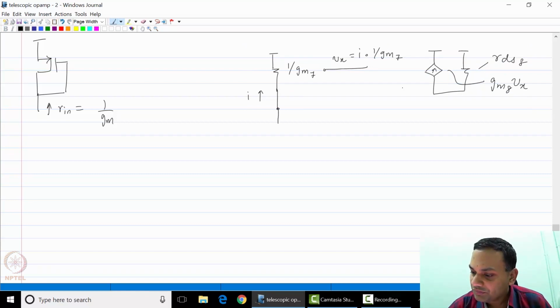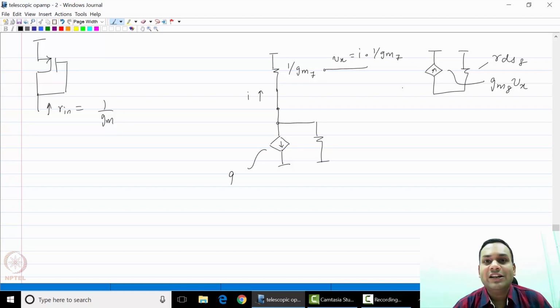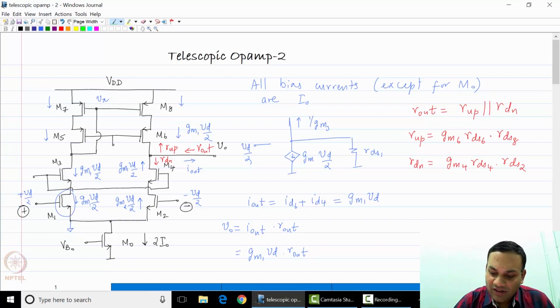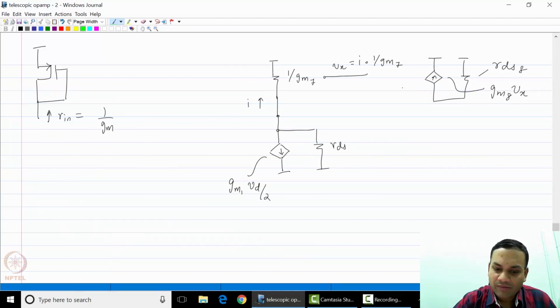The small signal equivalent of the cascodes would be a transconductor of value gm1 times Vd by 2 and a resistance looking downwards, which is RDS1 times gm3 RDS3, and that is the output resistance of the cascode.